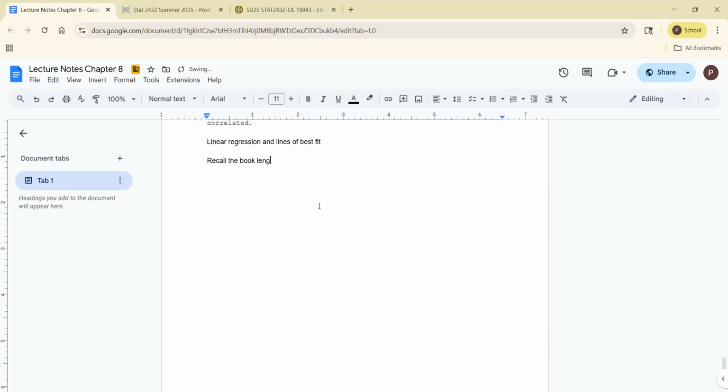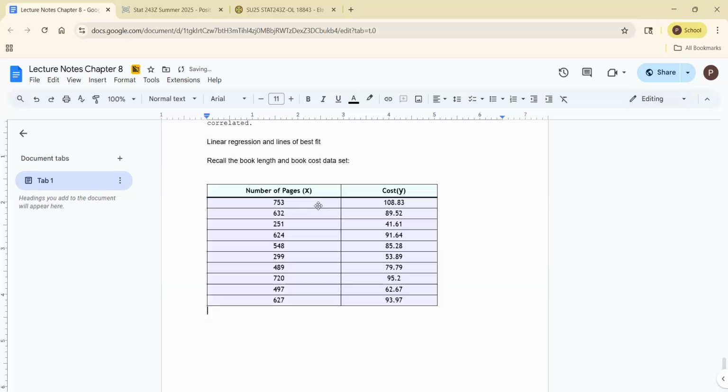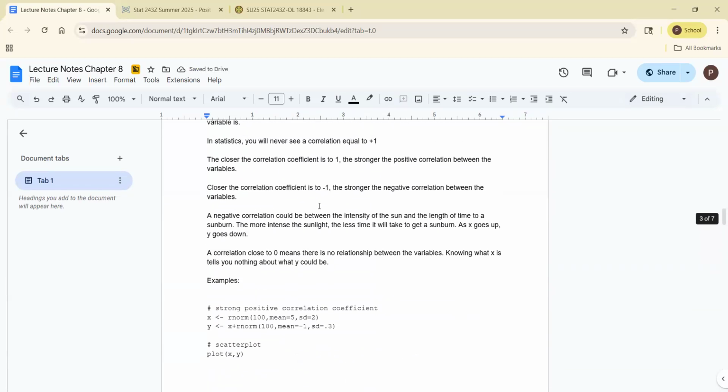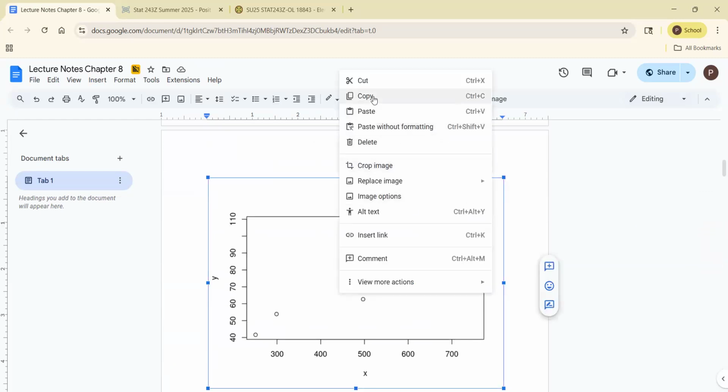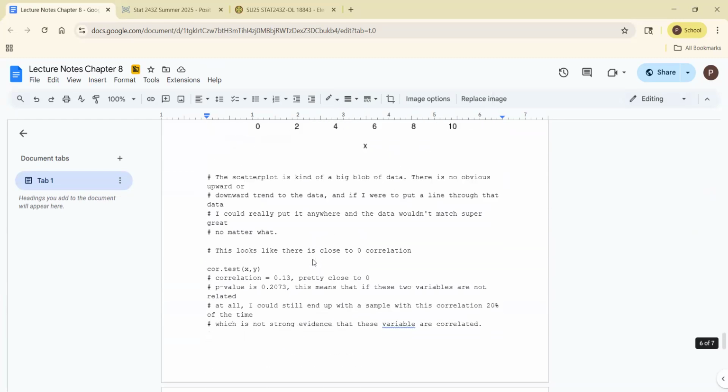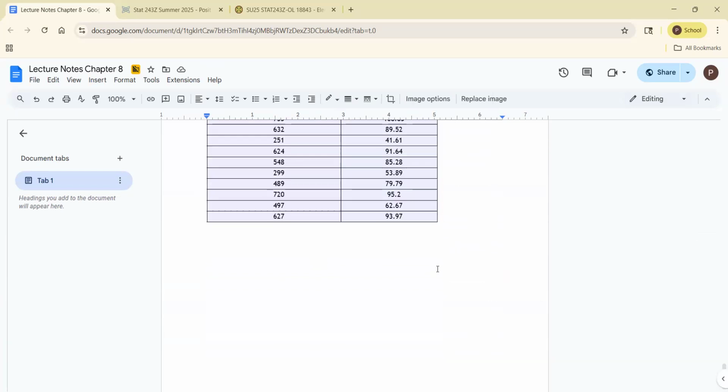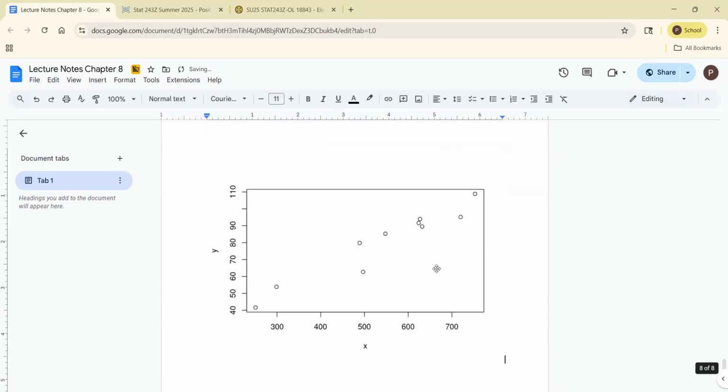Recall the book length and book cost data set there. And I also had a graph of it, so I'm going to put that graph in. And I'll put the correlation coefficient as well.